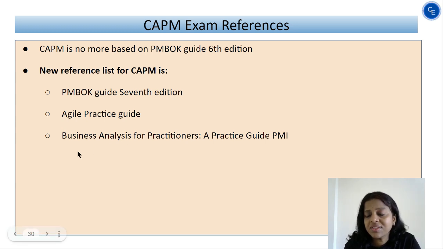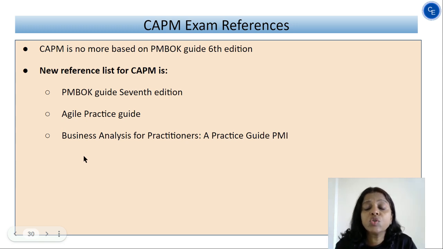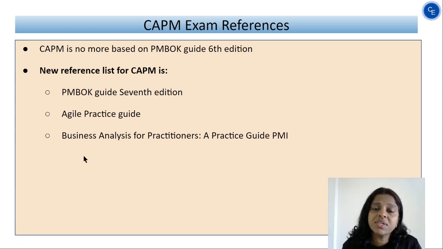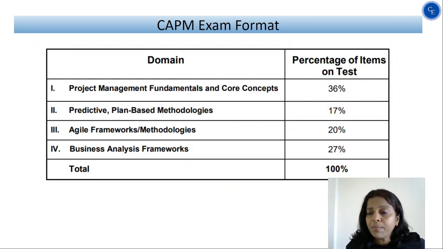I have not listed that over here, but the Process Groups Guide is also important to understand the traditional project management approaches. So these are the reference lists that you need to follow for preparing for the latest CAPM exam, and this is the format that you need to understand so as to prepare for the CAPM exam.